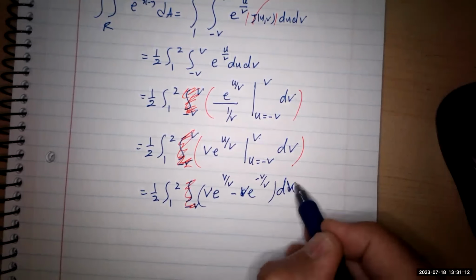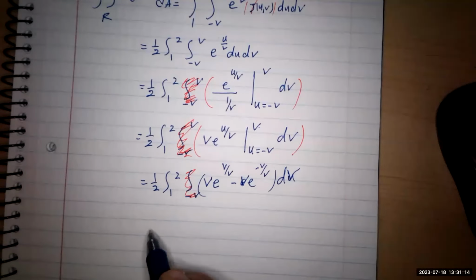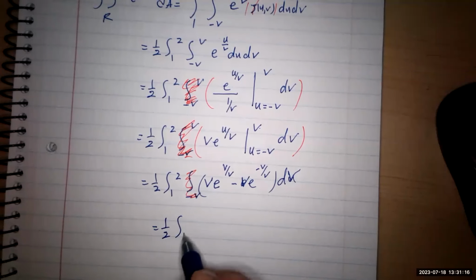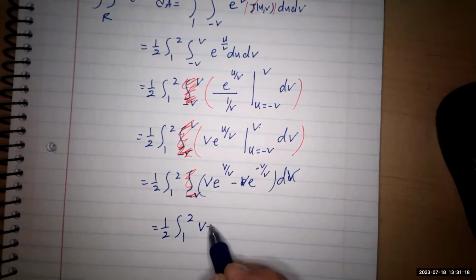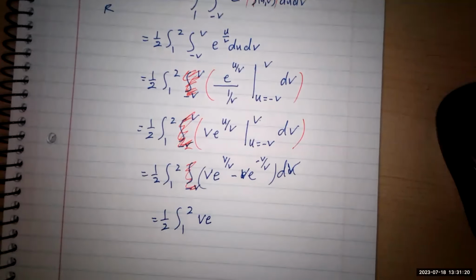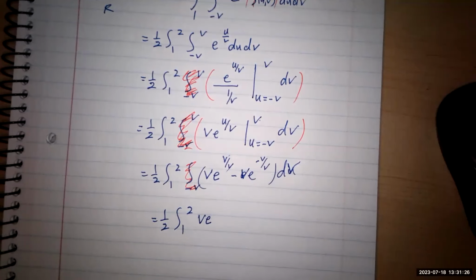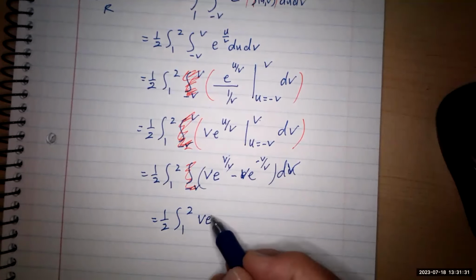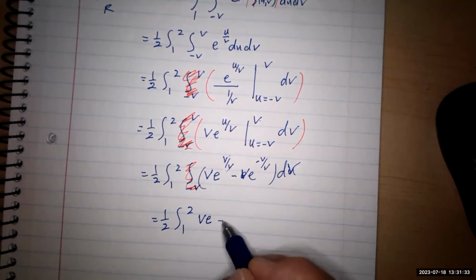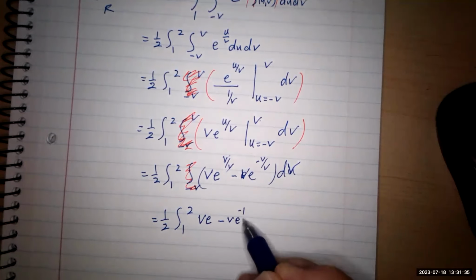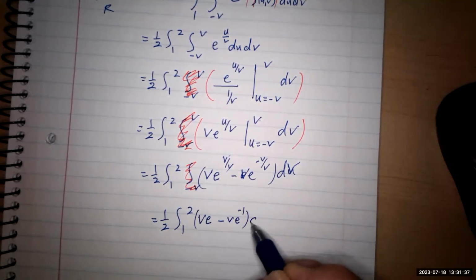Everything would be simplified, because that gives you 1/2 integral from 1 to 2 of v times e, because these two would cancel out, and these two would cancel out. So you get something like e minus e to the negative 1, and dv.